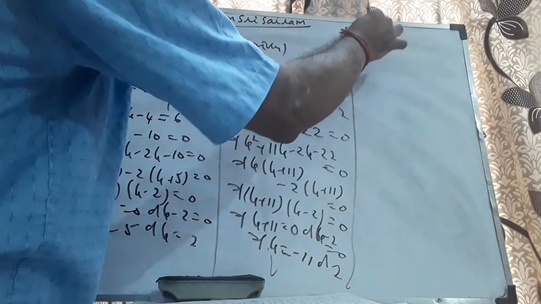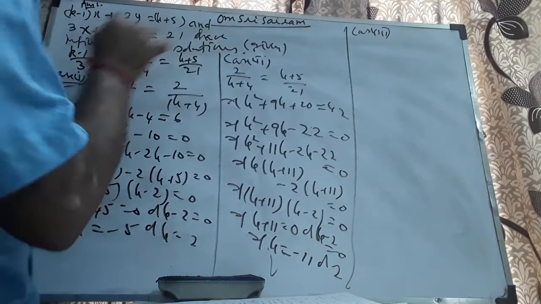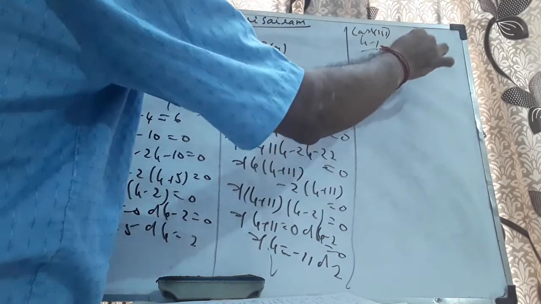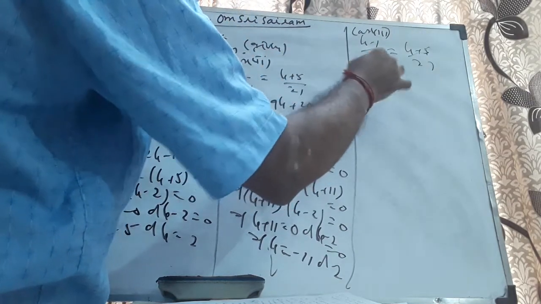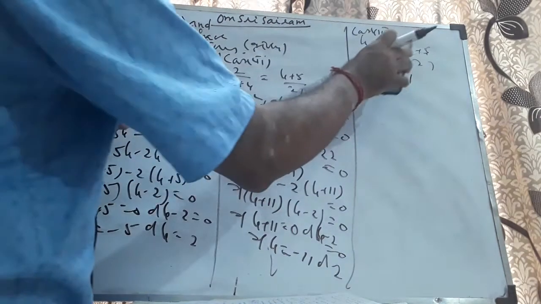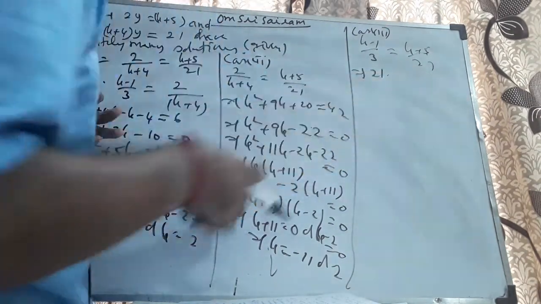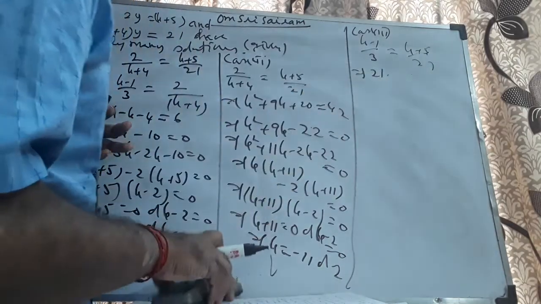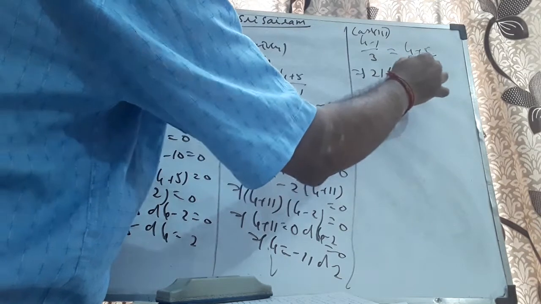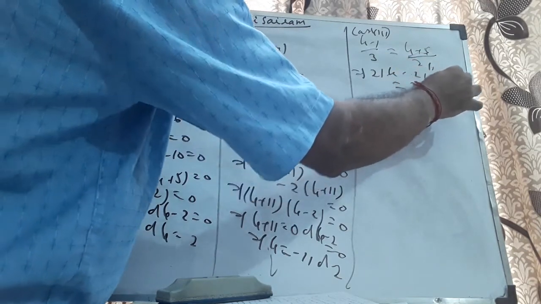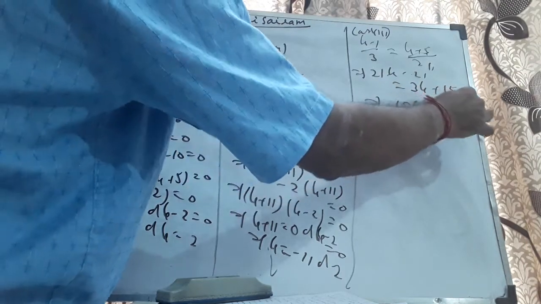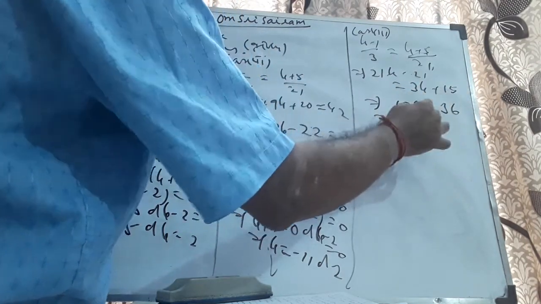Let me take case 3. I have (k minus 1) by 3 is equal to (k plus 5) by 21, which implies 21k minus 21 is equal to 3k plus 15, which implies 18k is equal to 36, implies k is equal to 2.